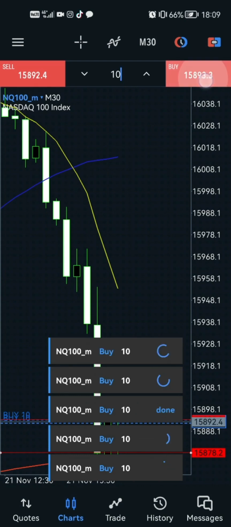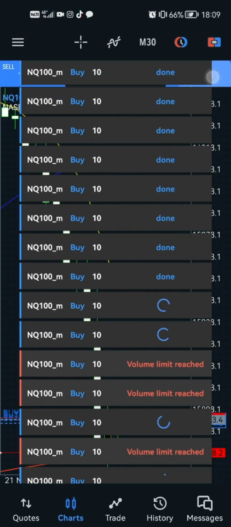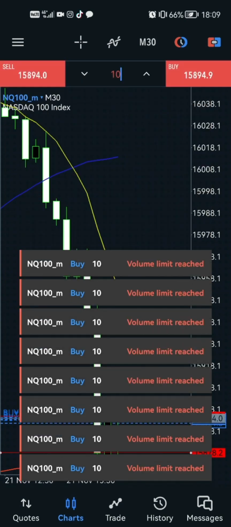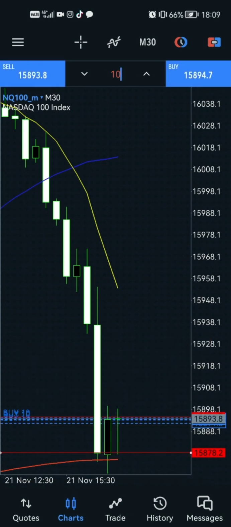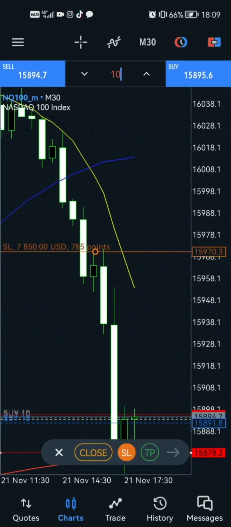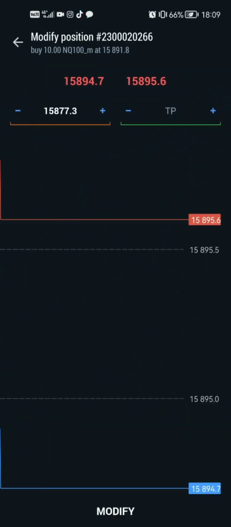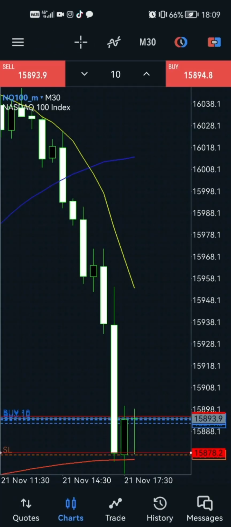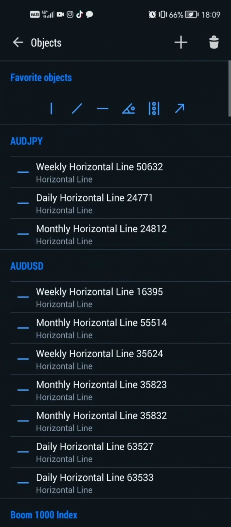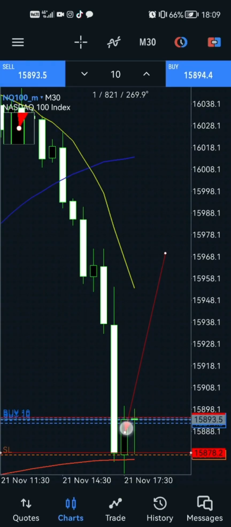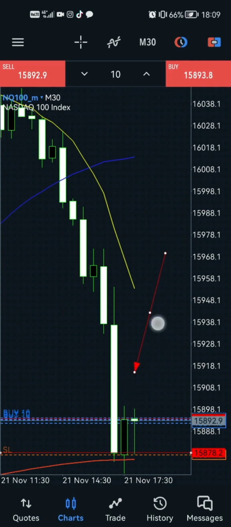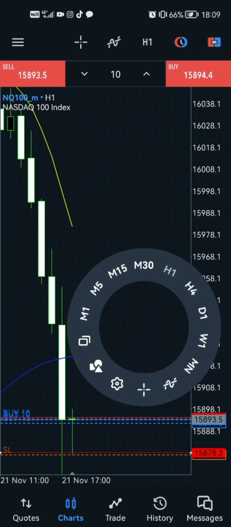Volume reached, and we hold. Stop loss for this entry would be just below this candlestick. This is the current support on 30 minutes. We'll monitor it on 30 minutes, see how it goes, and if it doesn't go up, we'll let it be.